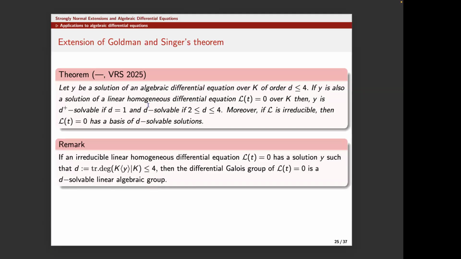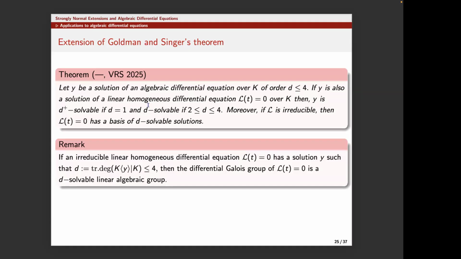And a nice remark of this result is that if an irreducible linear homogeneous differential equation has a solution y such that its transcendence degree is less than or equal to 4, which I assume is D and D less than or equal to 4, then the differential Galois group of L(t) equal to 0 is a D-solvable linear algebraic group.